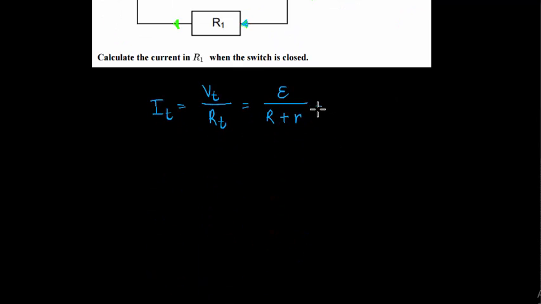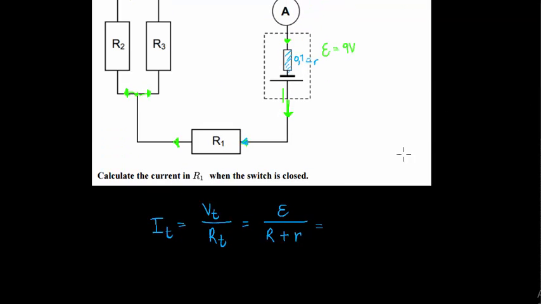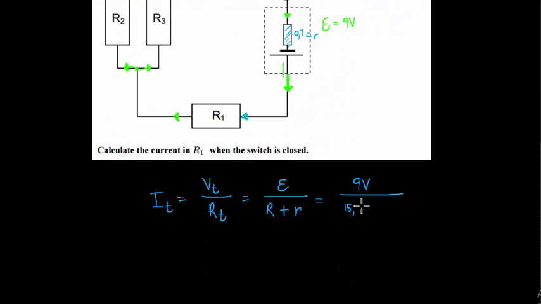So the EMF of the battery is simply 9 volts, divided by the total resistance: 15 plus internal resistance 0.7, to give me a total of 9 volts divided by 15.8.